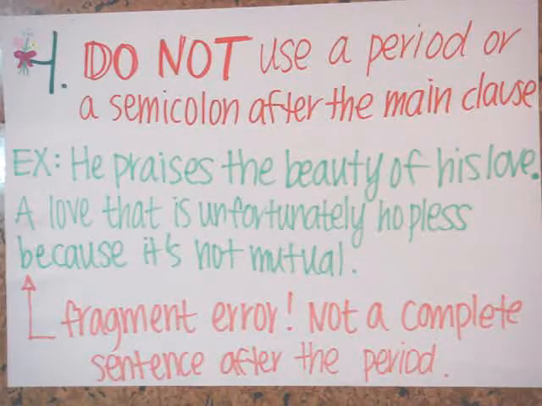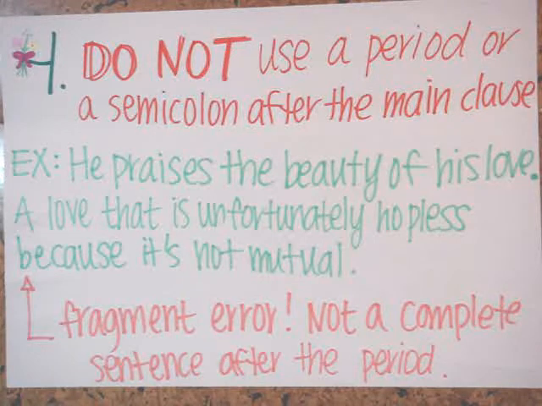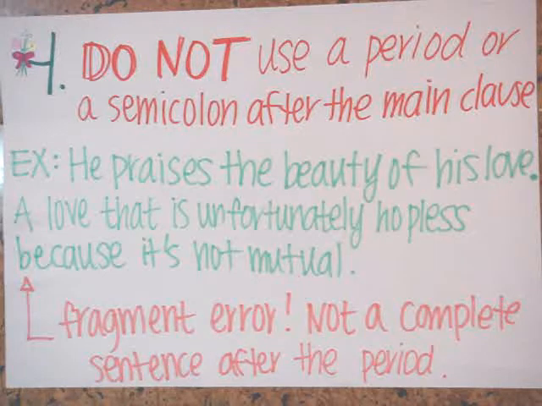The last rule is to not use a period or a semicolon where a comma should be, since then it will create a fragment out of the modifier containing the repeating word. As mentioned above, you could use a comma or a dash, but never a period or a semicolon in this pattern. For example, this sentence is wrong because there is a fragment error.